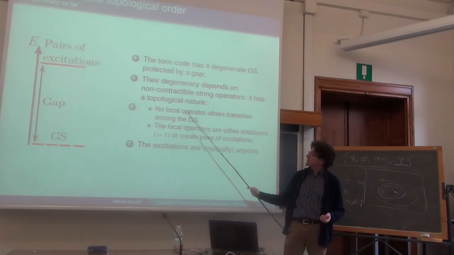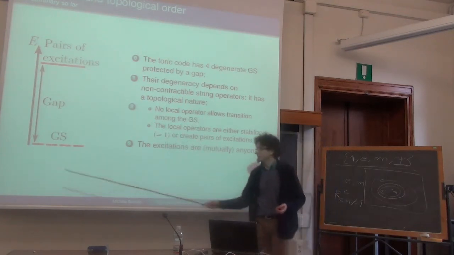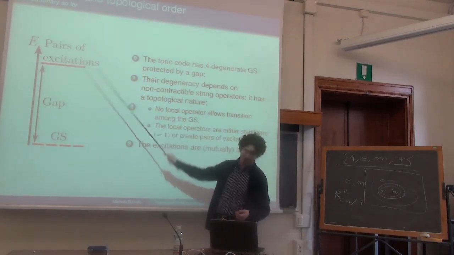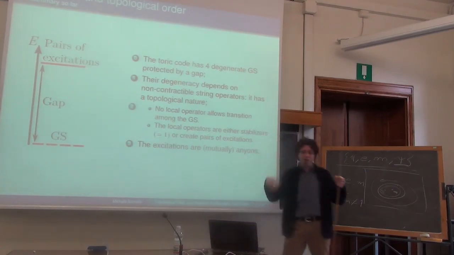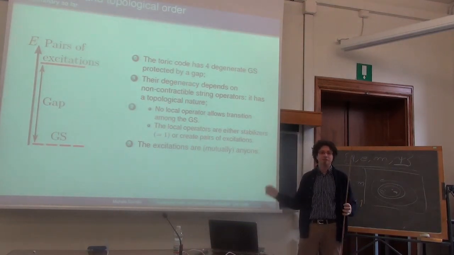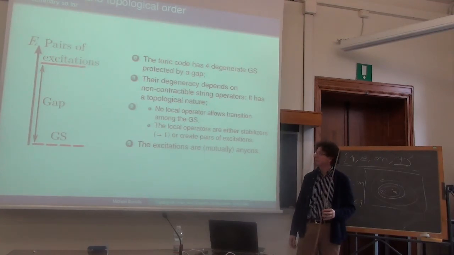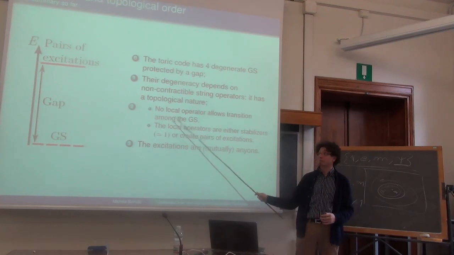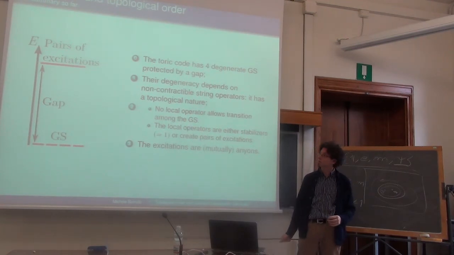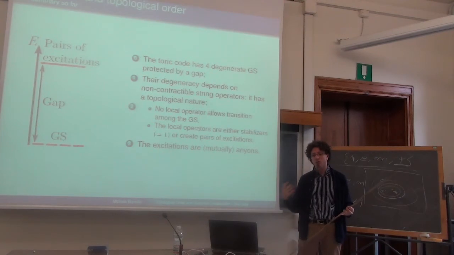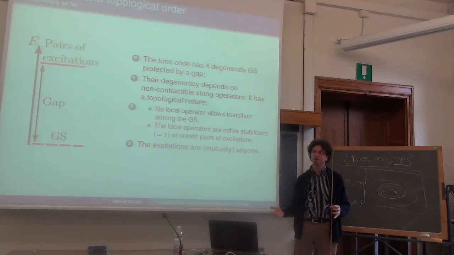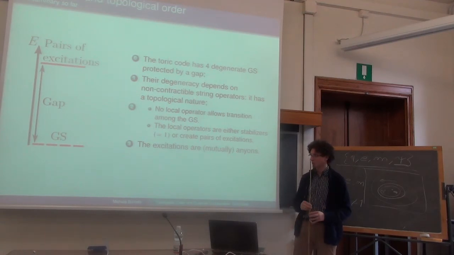Or the local operators move the system from the ground state to an excitation, if we apply an open string symmetry or a set of disjoint strings. So essentially we also fulfill the second requirement for having topological order, which is that no local operator may allow a transition between one ground state and the other, and in particular local observations cannot distinguish the ground states.